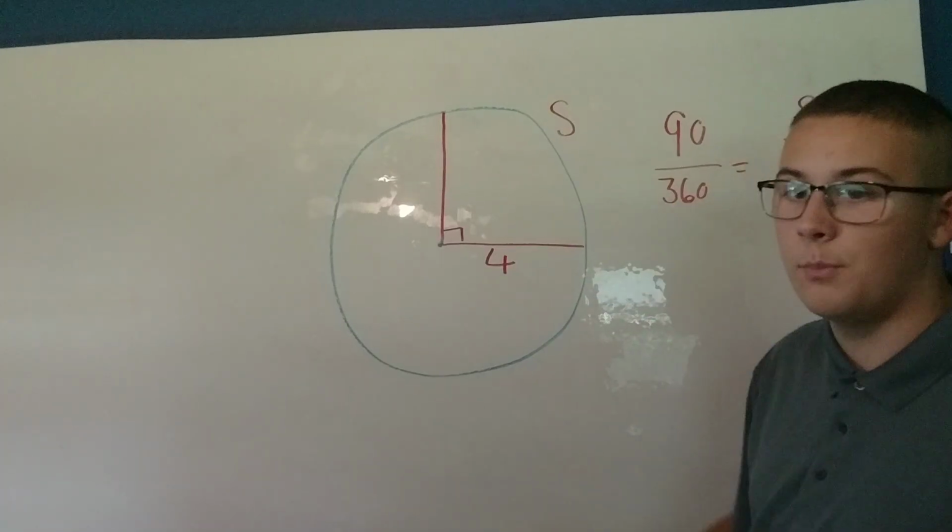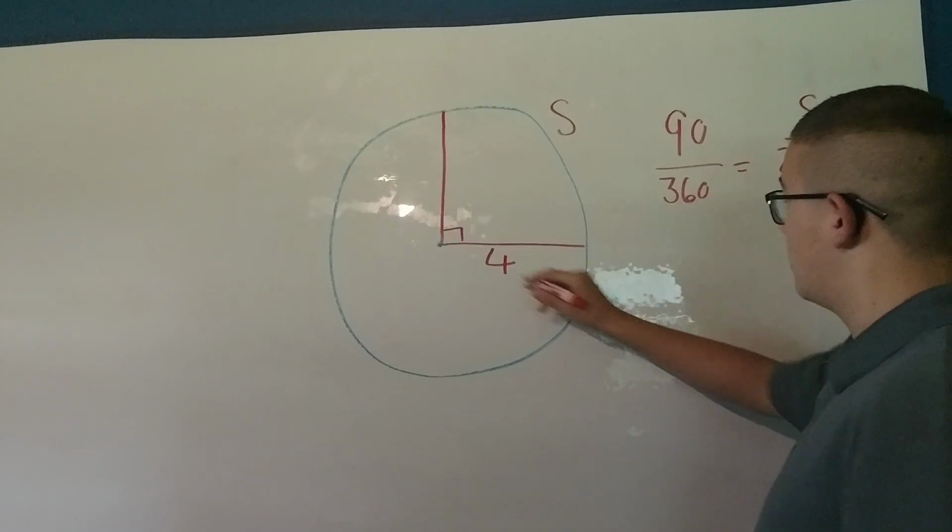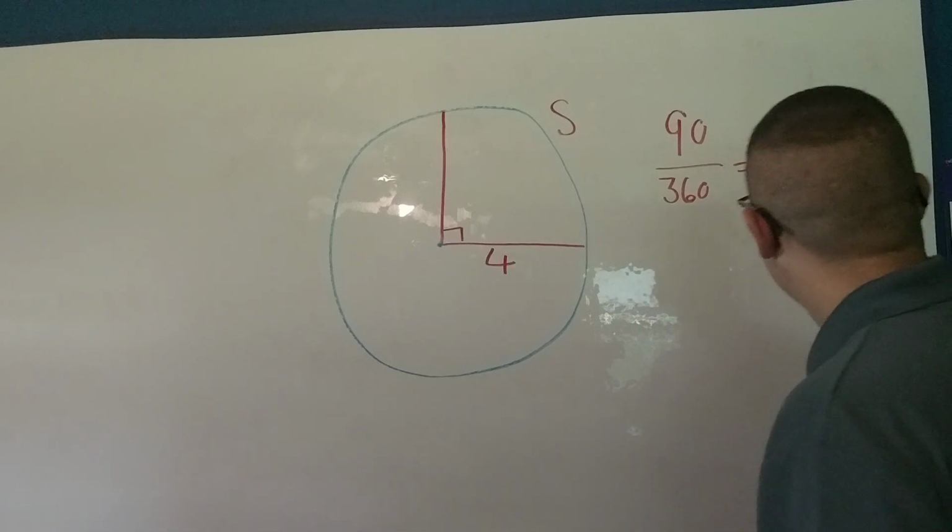Remember, circumference is 2 pi r, so 2 pi times 4.